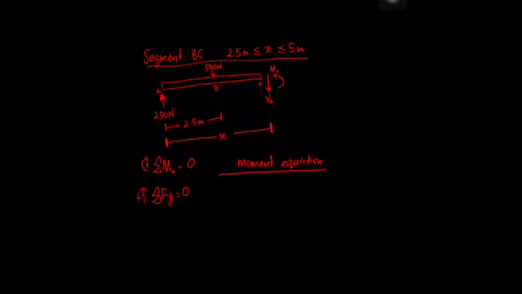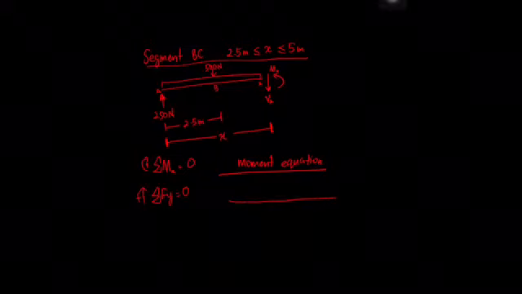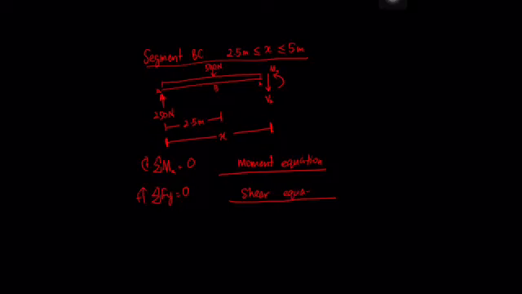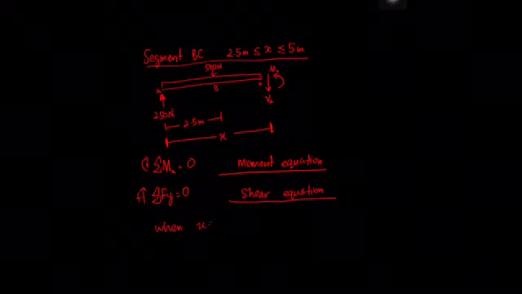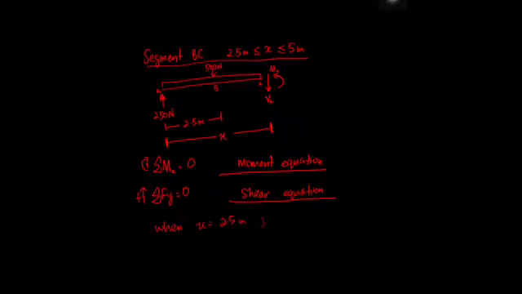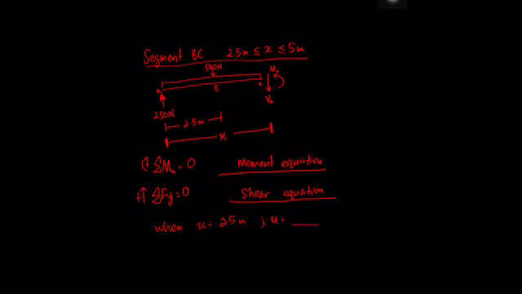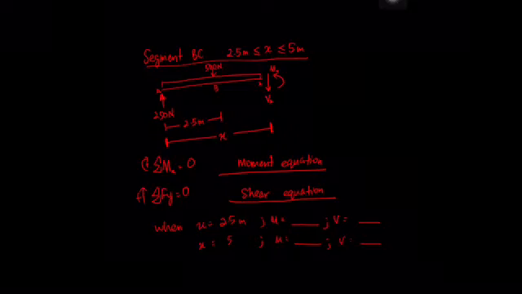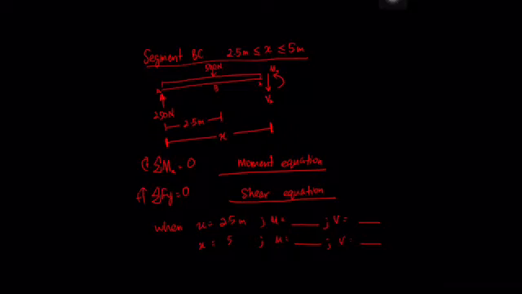Upward is positive. Then you have the shear equation. Okay, and then when x is equal to 2.5 meter, what is your M value and what is your V value? When x is equal to 5, what is your M value and what is your V value?